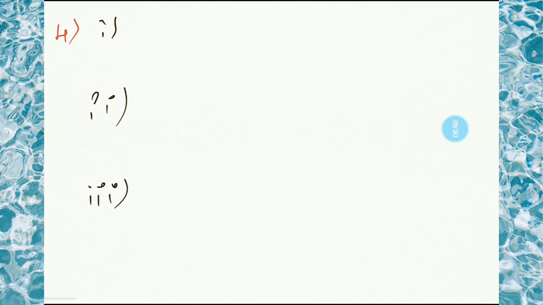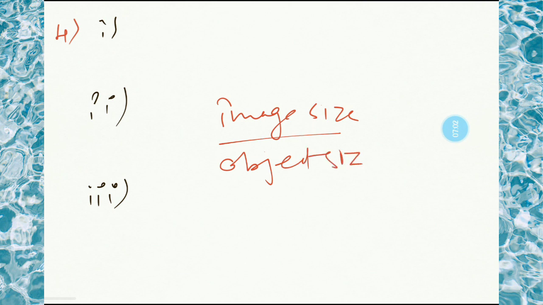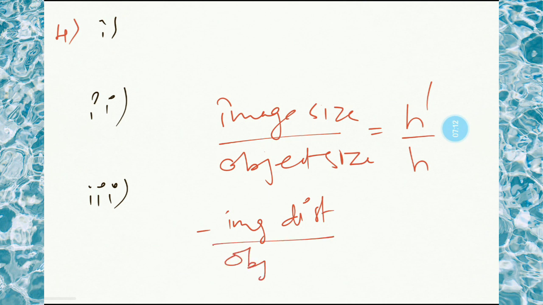First question, magnification is equal to, first option is size of image by size of object. Yes, because image size by object size is nothing but h dash by h, so that is correct. Next, negative image distance by object distance.